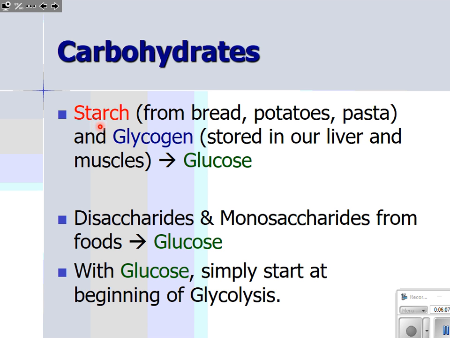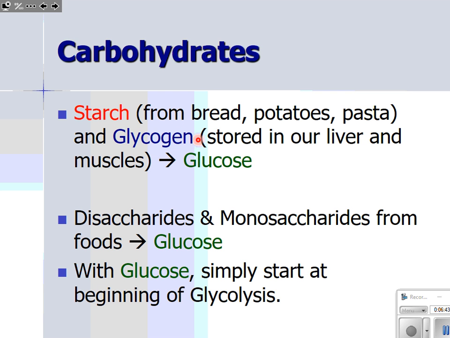A molecule of starch is nothing more than a glucose bonded to a glucose, bonded to a glucose, bonded to a glucose. It's a long chain of glucose. So it's very easy when I eat starch, it's very easy for my body, the amylase enzyme in my saliva and also in my intestines, that enzyme can very easily chop up that starch molecule and produce large amounts of glucose.